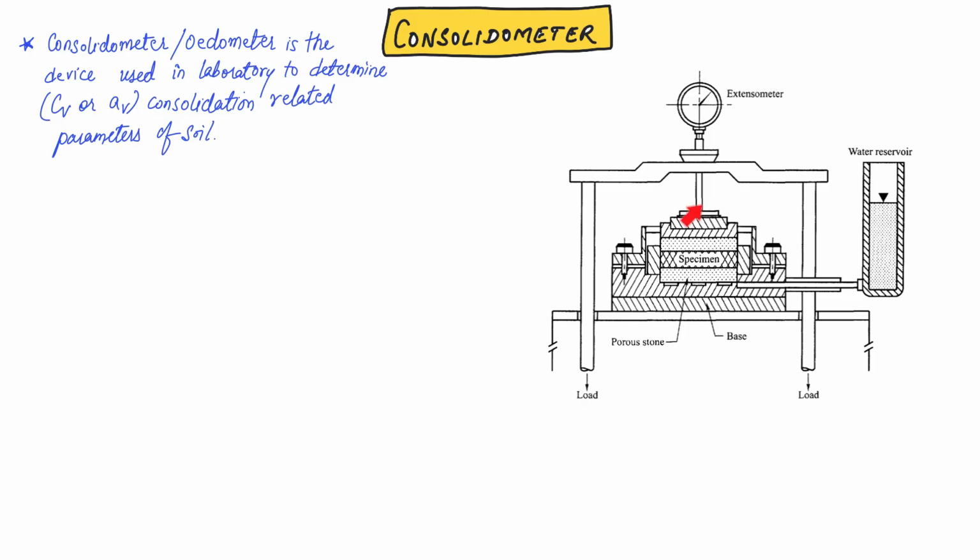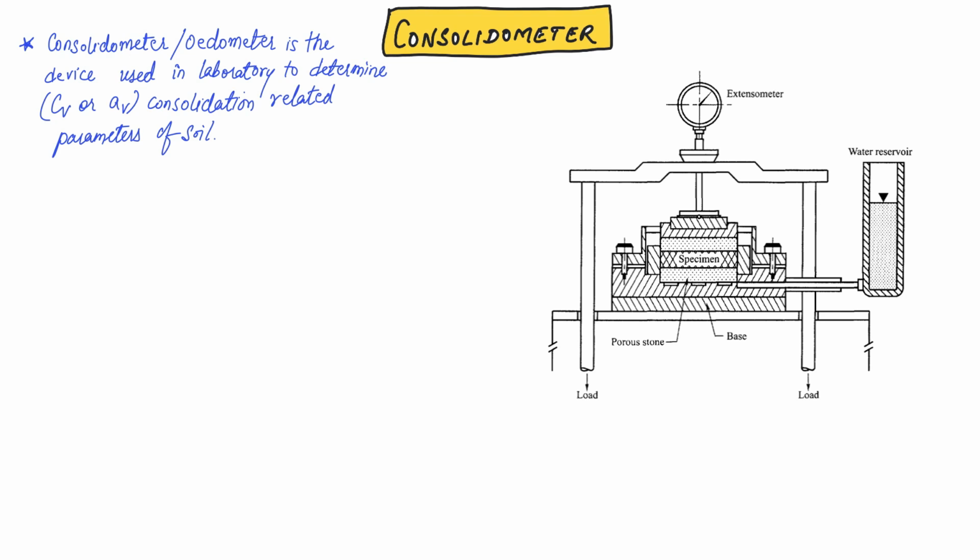Apart from that, there is a ring through which you apply the load, and this load is increased in installments, and the change in the thickness of the soil is observed during the test. Apart from this, there is some provision also for the drainage of water in this particular setup.